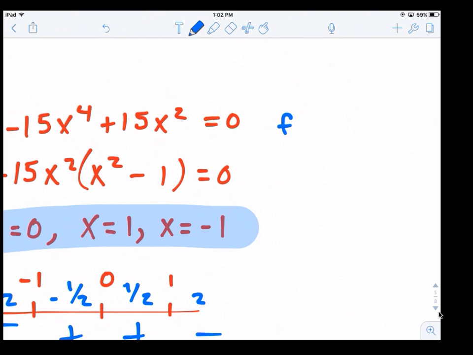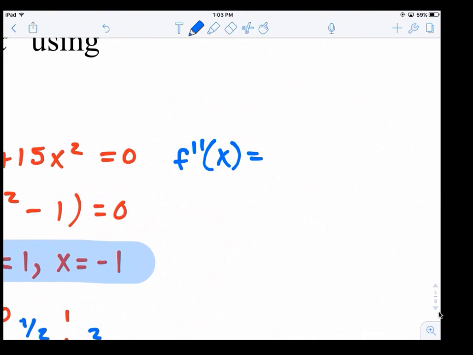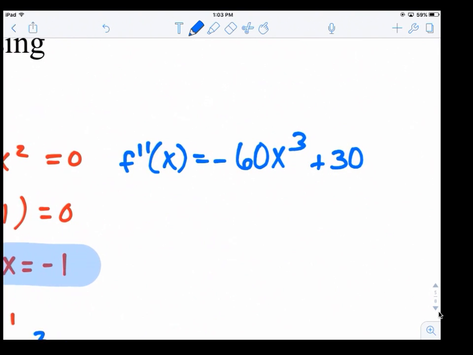So what would the second derivative be? You can write it down for part B, but I'm going to do it right next to where we did part A. Part A is done. Negative 60x cubed plus 30x.